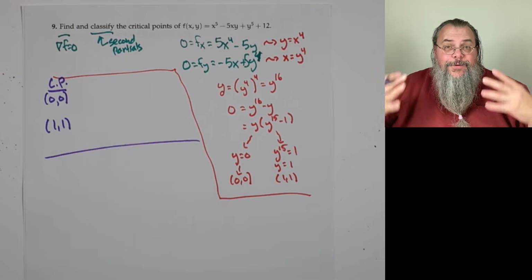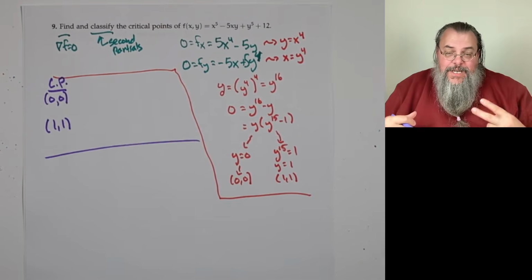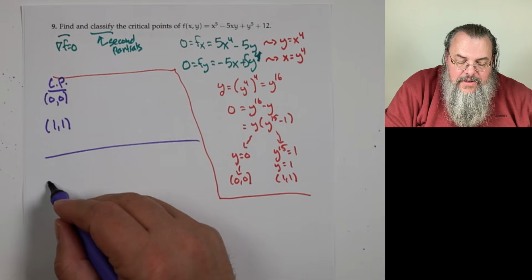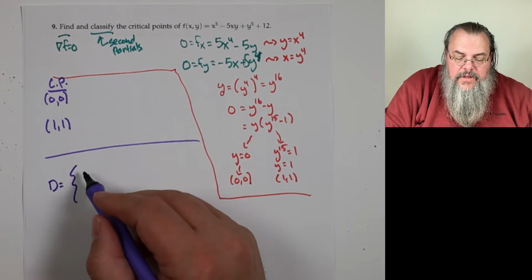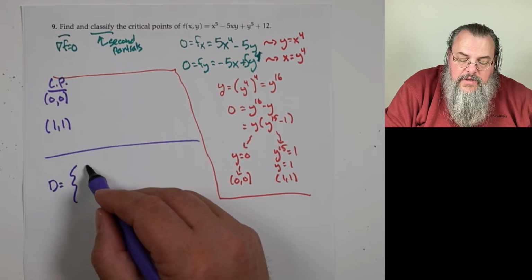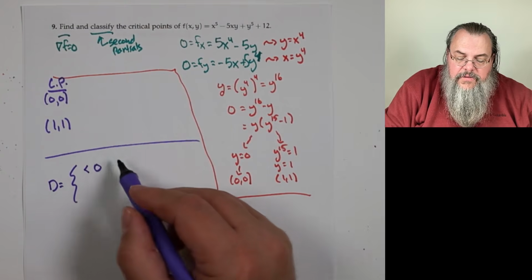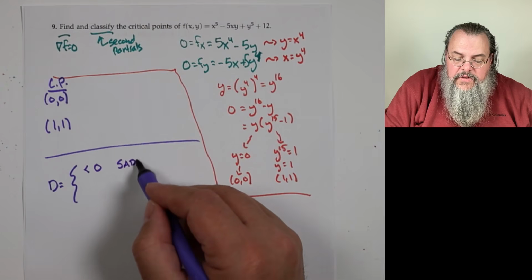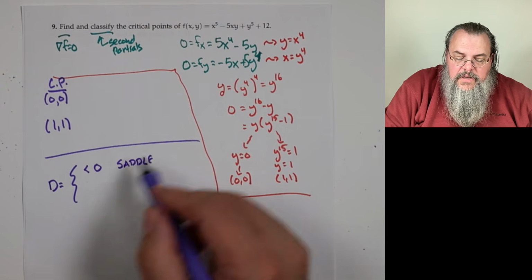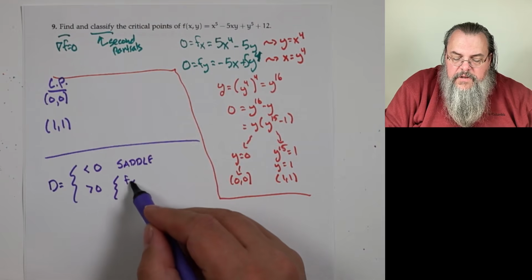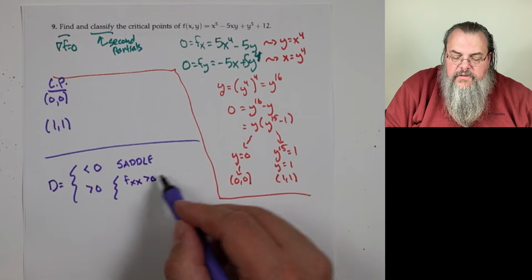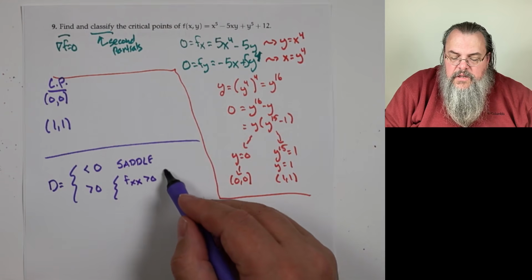classify. For the classifying, you've got to do the second partials test. Now, the good news is it's basically hard-coded into the formula sheet. There's this value called d, I'll talk about in a second. If that value is negative, you have a saddle. If the value is positive, you split and say, well, if fxx is positive, it's a min.